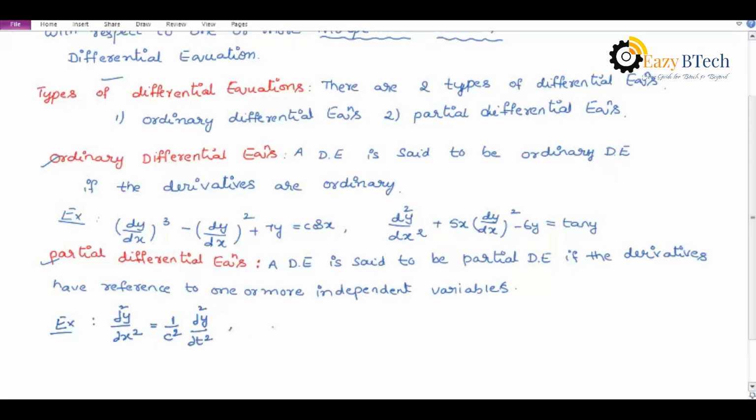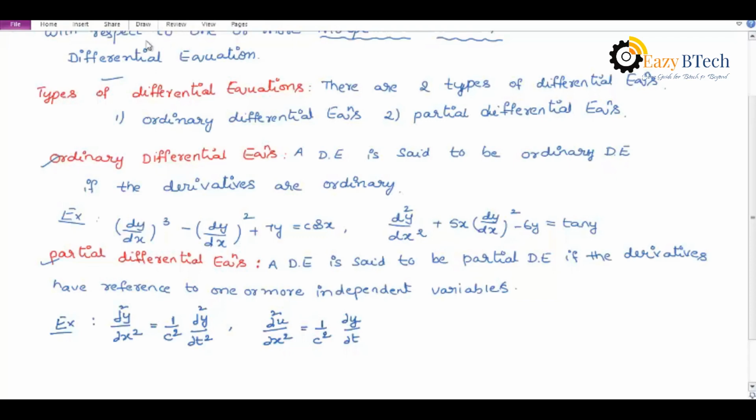And one more example, ∂²u/∂x² is equal to 1/c² ∂y/∂t, like this. So two types of DEs are there, ordinary DE and partial DE. Ordinary DE means consisting of ordinary derivatives. Partial DE means consisting of partial derivatives with reference to two or more independent variables.